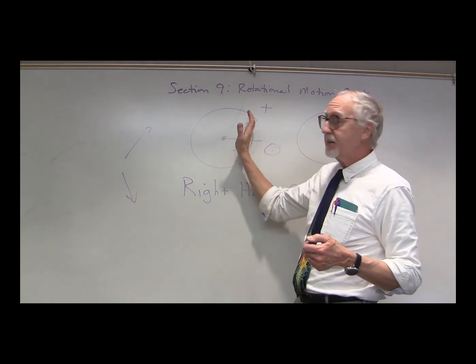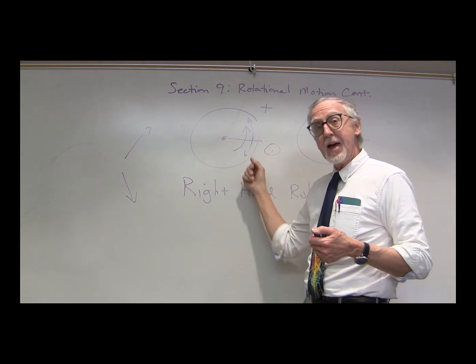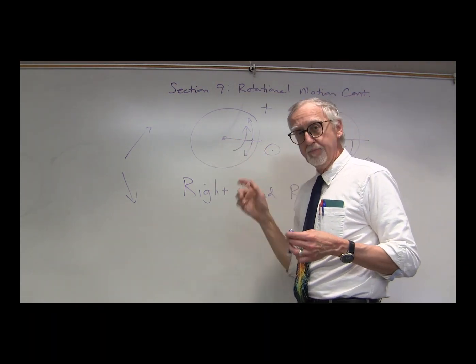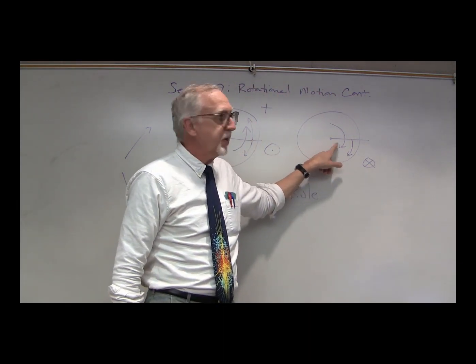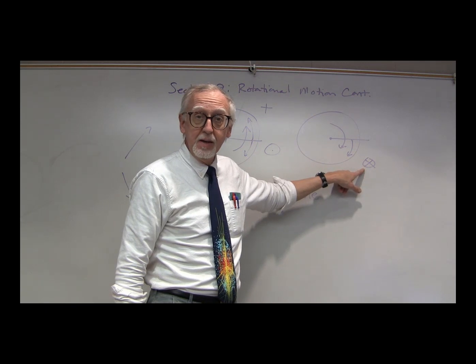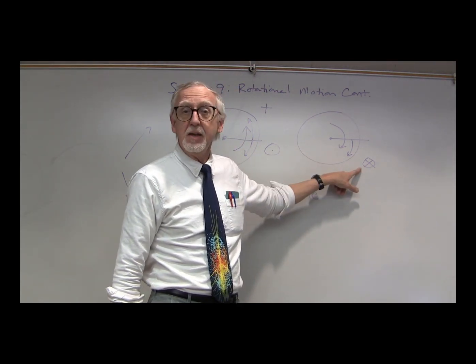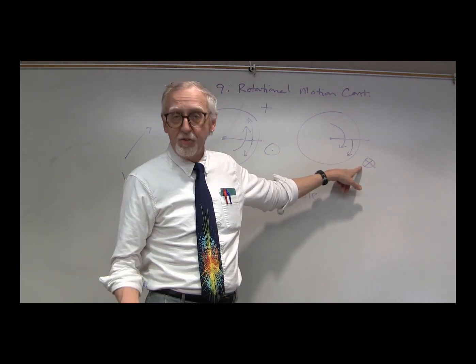If we have a counterclockwise rotation that's slowing down, that would be an acceleration into the board. If we have a rotation that's clockwise, omega would be into the board. If it's speeding up, alpha would be into the board. If it's slowing down, alpha would be out of the board.